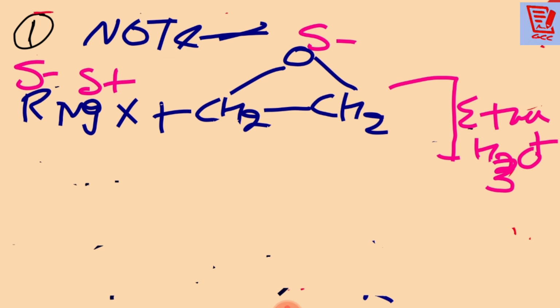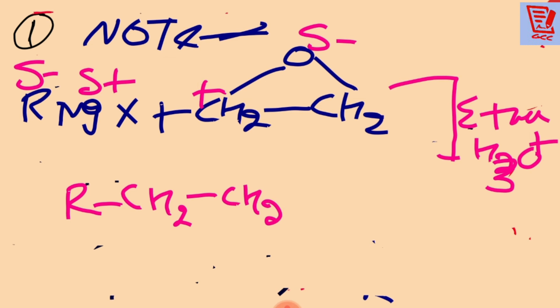Then what to do there, beta? How will we get the product here? Please tell me. Now see, as you know very well, there is a negative part and a positive part, beta. Then this CH2 and the CH2 is here, and here is one R, beta. This is the positive charge, so this R negative will attach with this one, R CH2.